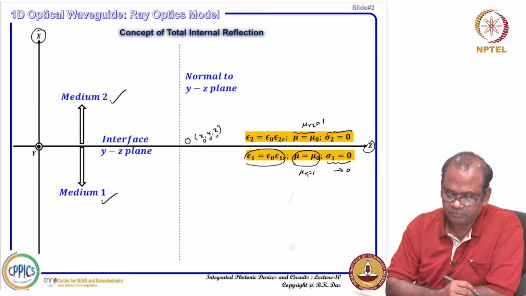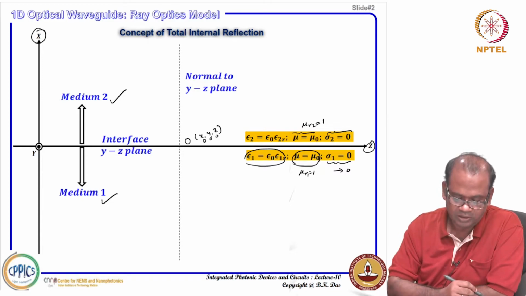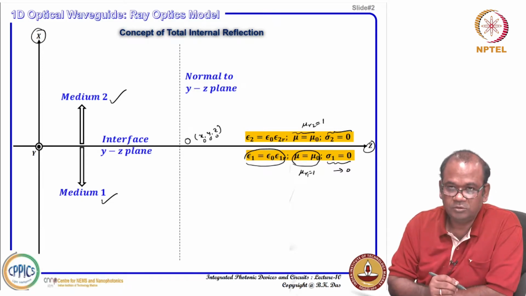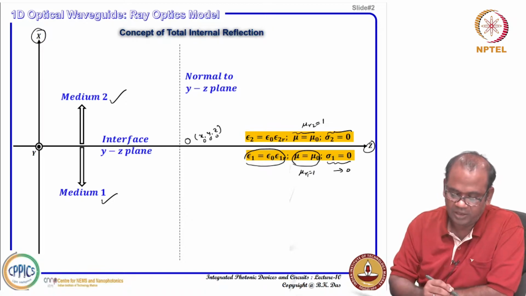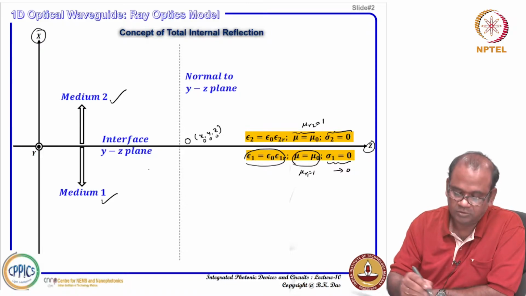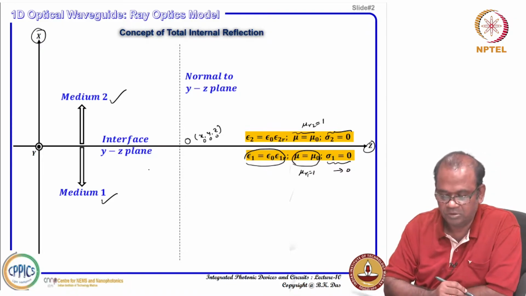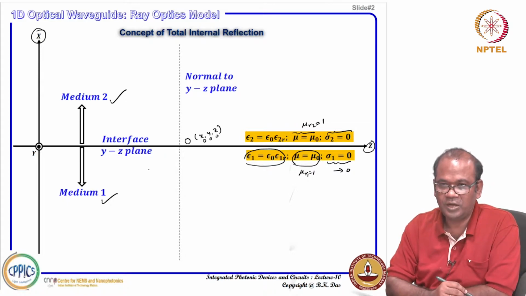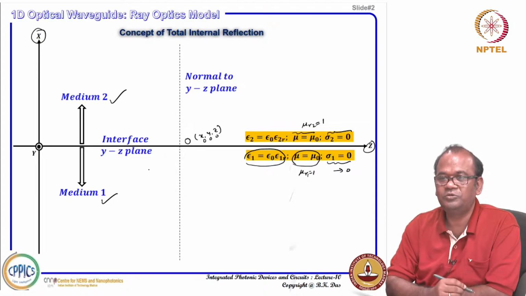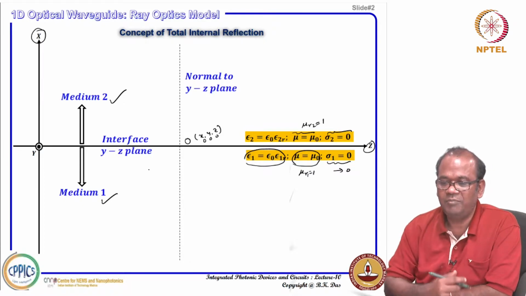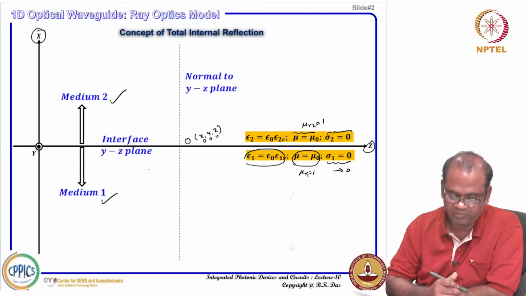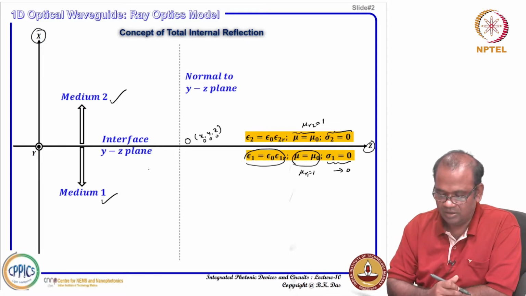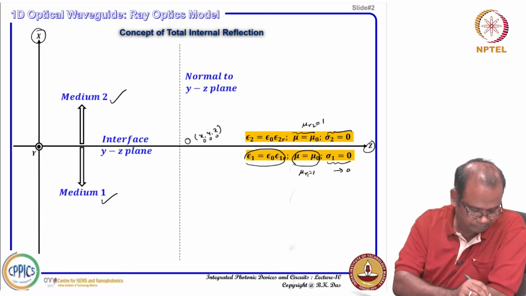This is medium 1, medium 2, and I would like to understand what happens when an electromagnetic wave propagates from medium 1 towards medium 2, whether we can get a certain reflection, so-called total internal reflection, similar to what we could get at a metal-dielectric interface. That is the idea we would like to understand.